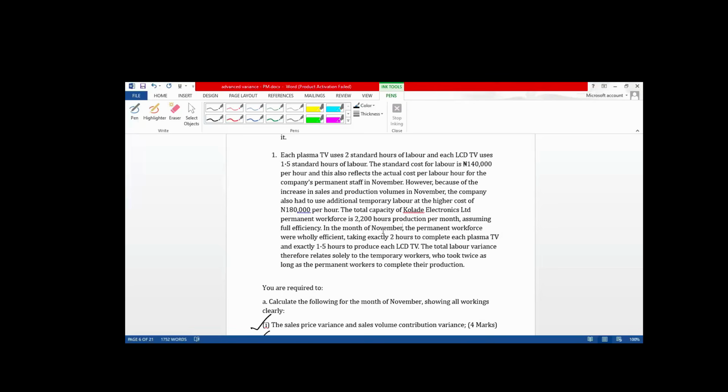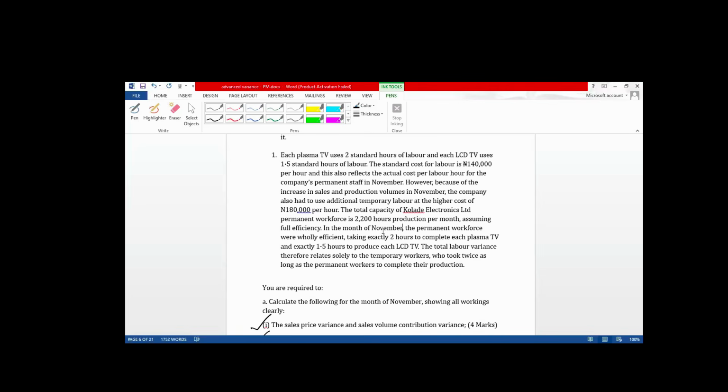In the month of November, the permanent workforce were wholly efficient, taking exactly 2 hours to complete each plasma TV and exactly 1.5 hours to produce SCD. That means our own staff didn't create any variance.